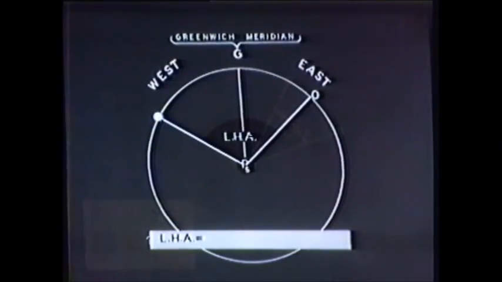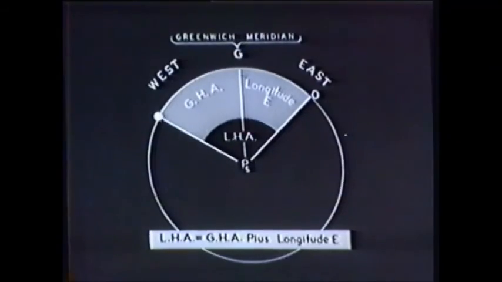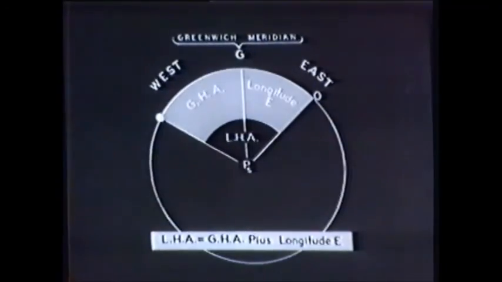We can see that to obtain the local hour angle when in east longitude, we add the Greenwich hour angle and the longitude east. To obtain the meridian angle T in any of the above examples, we know that it is the same as the LHA if the LHA is less than 180 degrees.